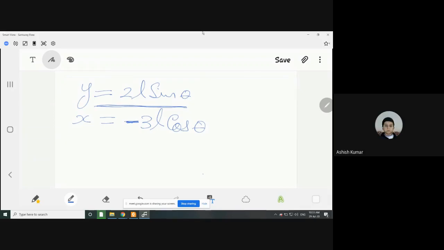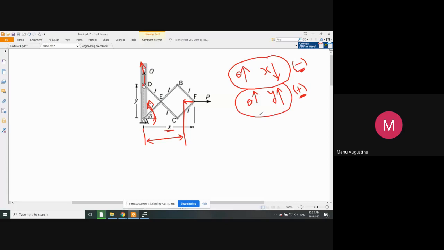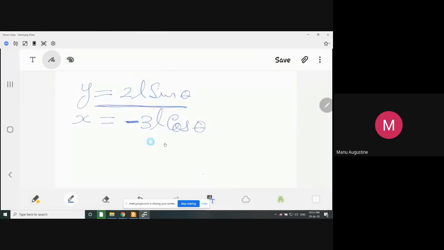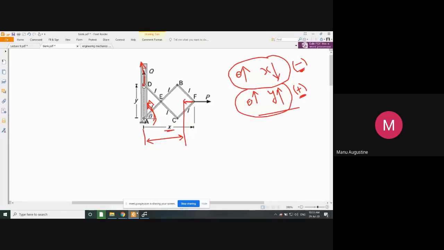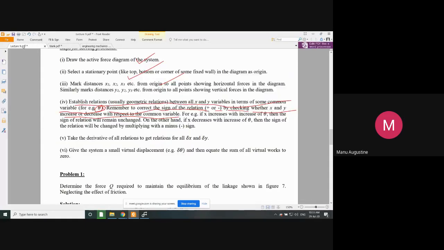So let it be positive only, because y and theta have a positive relationship. So it will be plus only. So I have corrected the sense of x and theta and y and theta. And with this, I have completed this step. So step number 4 is also complete.